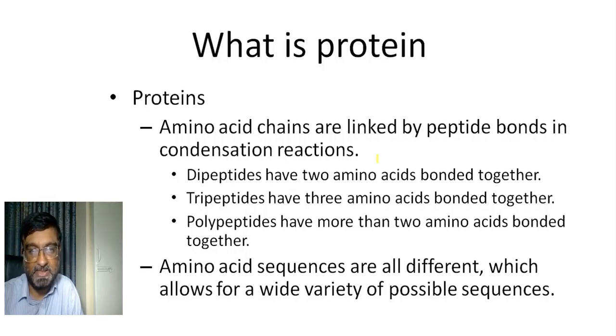If three amino acids are joined together, it is called a tripeptide. If more than three amino acids are bonded together, it is called a polypeptide. Amino acid sequences are all different, which allows for a wide variety of possible sequences.